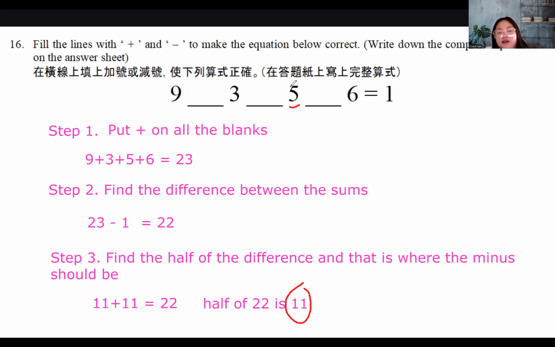For example, 5 and 6 add up to 11. Correct? If you add them together, that would give you 11. So that means this is where the two minuses are. Minus, minus, and then the remaining blanks, you should just put plus in all of them. Okay?